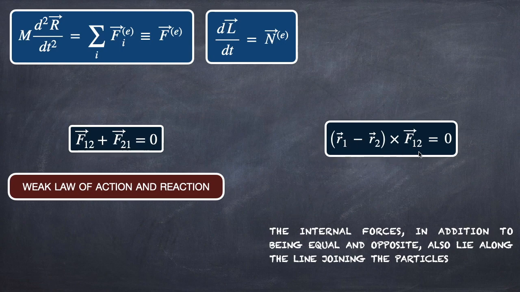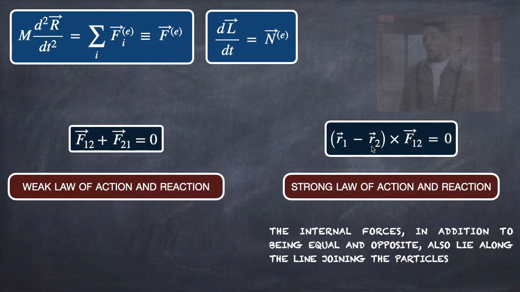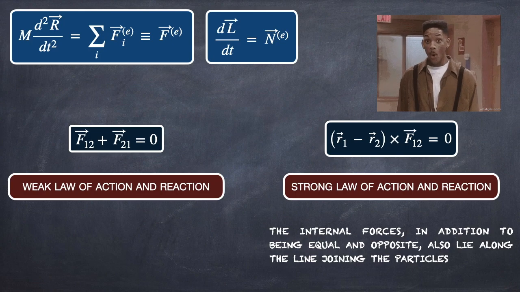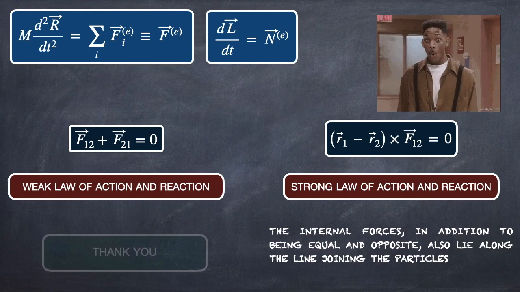Now, this equation is showing us that the internal forces, in addition to being equal and opposite, also lie along the line joining the particles, because the product of the internal force with the line joining the particles is equal to 0. Then they are in the same direction. And this is the strong law of action and reaction. Thank you.